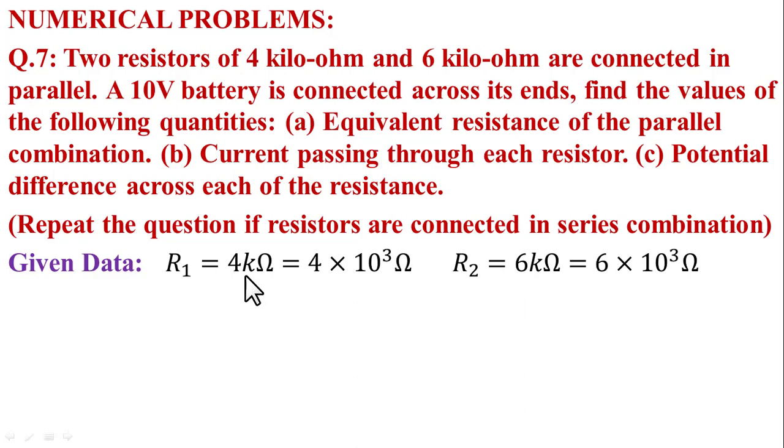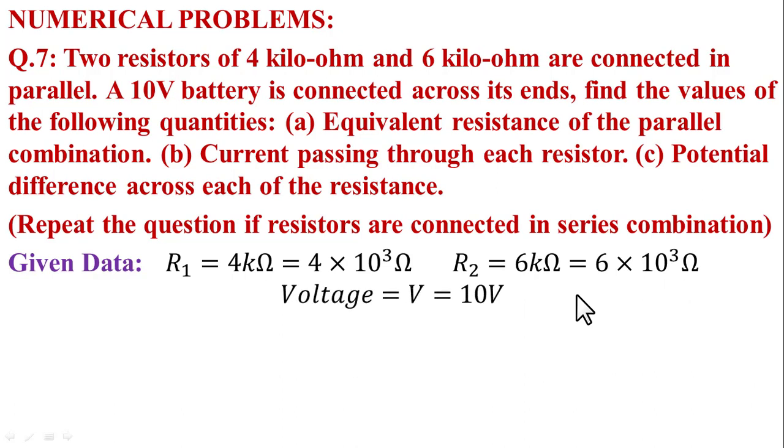So R1 is equal to 4 multiplied by 10 raised to power 3 ohm, and R2 is equal to 6 kilo ohm, that is equal to 6 multiplied by 10 raised to power 3 ohm.